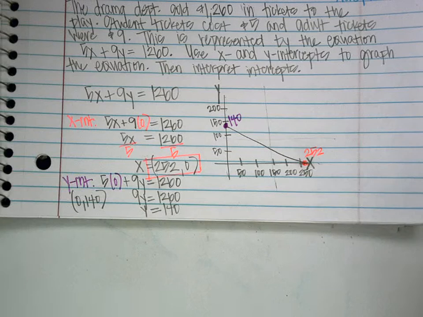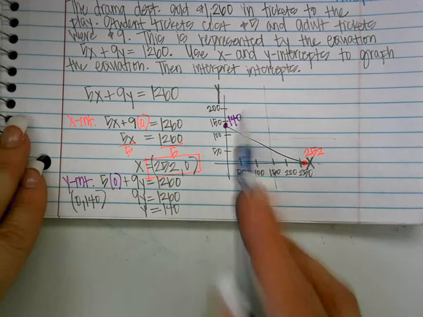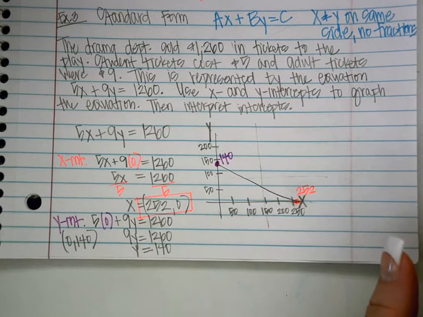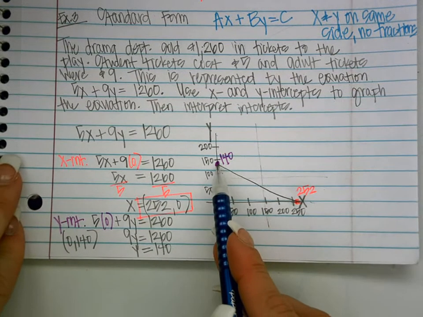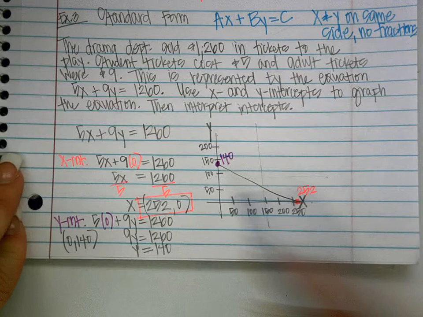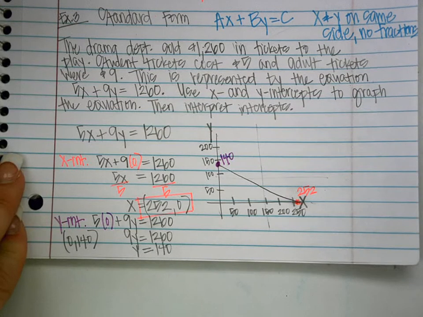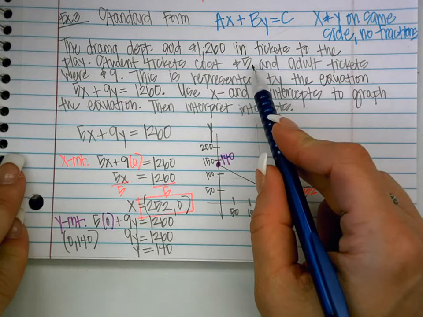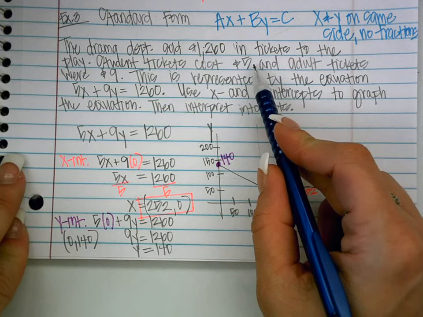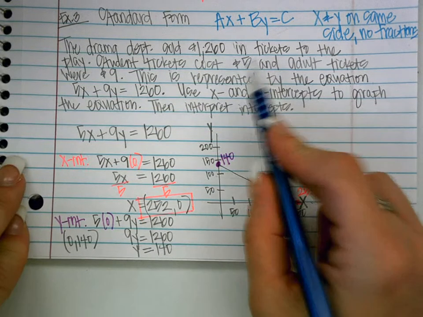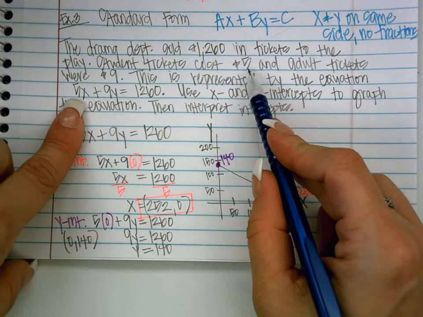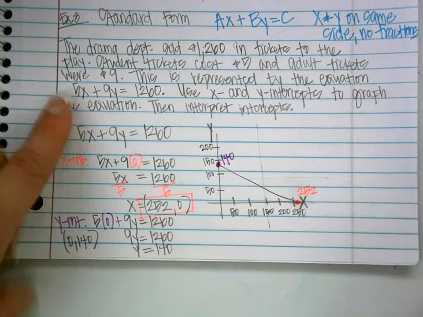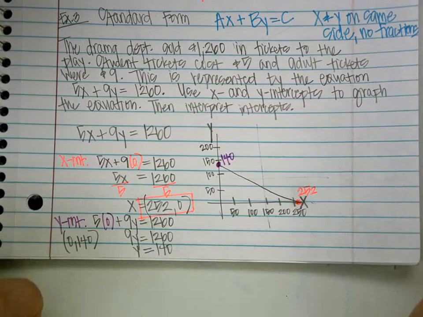So what does this 140 tell you? It says interpret the intercepts. Was the 140 for the student tickets or the adult tickets? The 5 was for students, and it went with which variable? Which letter? X or Y? Where did the 5 go? With the X. So that means my x-intercept was at 252.